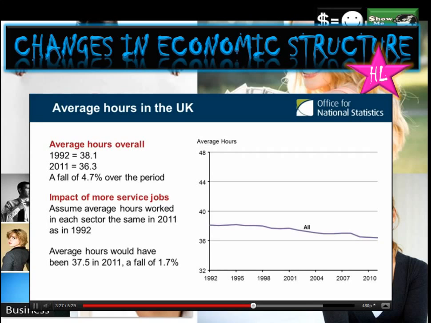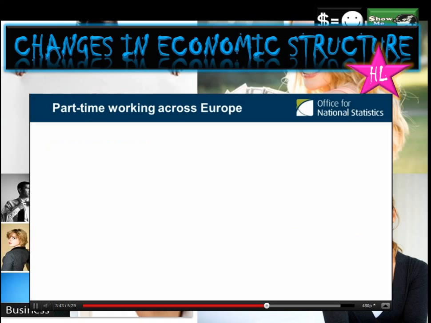However, there has also been a fall in average hours within the sectors, as some people have chosen to work fewer hours, or employers have offered fewer hours, and so the remaining 3% of the fall in average hours is because of this.